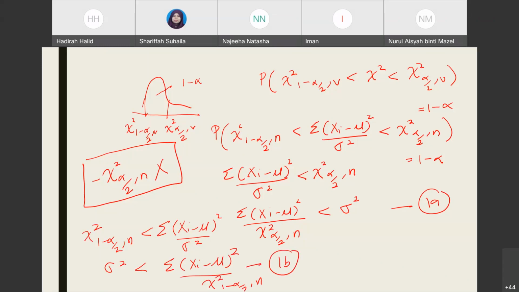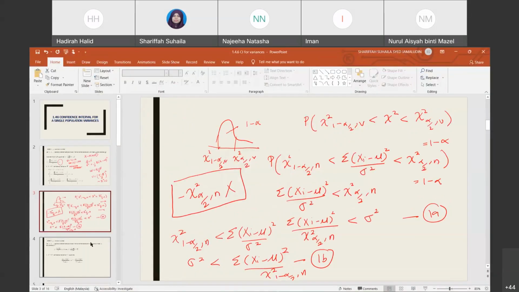So the next step, you rearrange your inequality back. We want to estimate the population variance, that is, your interval estimate. So let's rearrange the inequality.